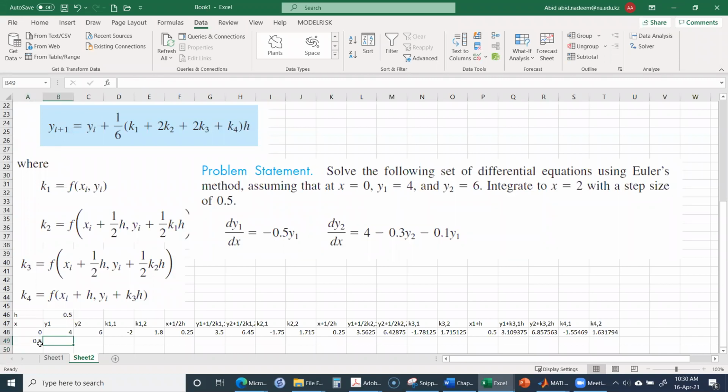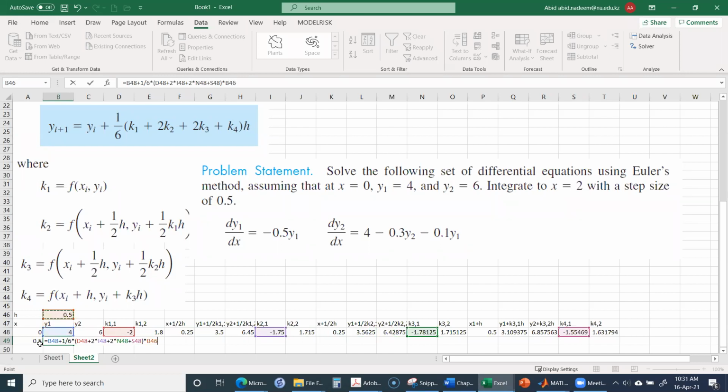So we need to find the y1 and y2. It is equal to this previous value of y1 plus 1 by 6 times bracket k1 of the first equation plus 2 times k2 of the first equation plus 2 times k3 of the first equation and plus k4 of the first equation, bracket close, times h.